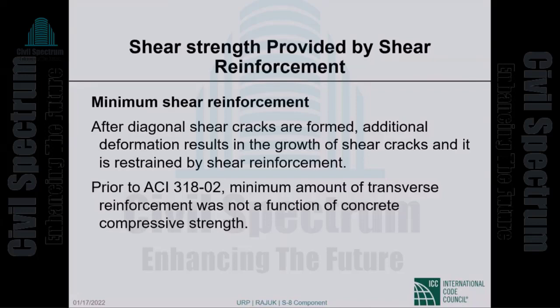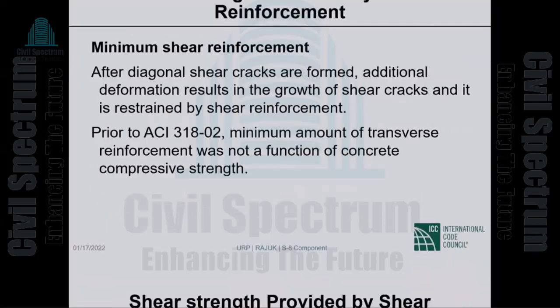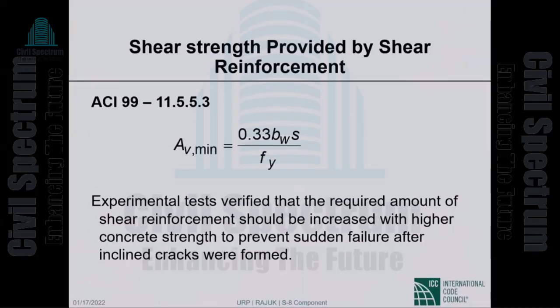After diagonal shear cracks are formed, additional deformation, if you keep on loading your beam, results in the growth of shear cracks, and it is resisted by shear reinforcement. Prior to 318-08, minimum amount of transverse reinforcement was not a function of concrete compressive strength, as you saw. Anyway, minimum shear reinforcement is given by this expression.